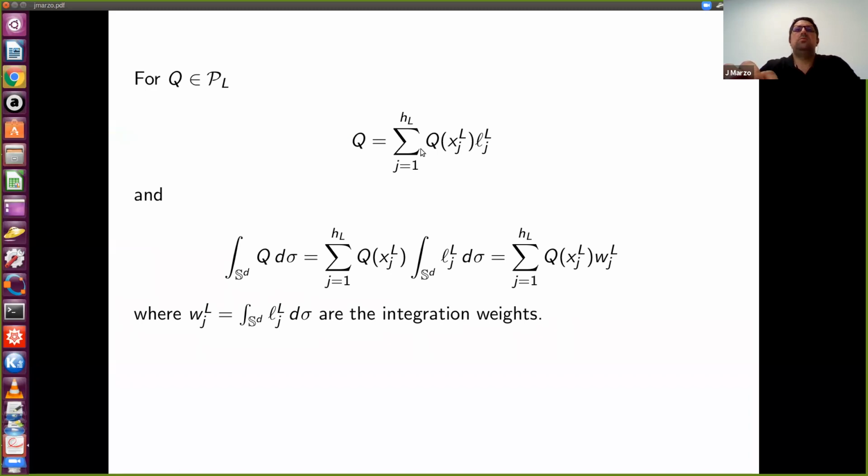So Q can be written in this way, and therefore, if you want to integrate, all you have to do is take an integral here, and by linearity, it will go all the way up to integrating these L's. So the integral of Q is the sum of these integrals of the L's. And these are the integration weights. I just call these integrals of the Lagrange polynomials w_j^L.